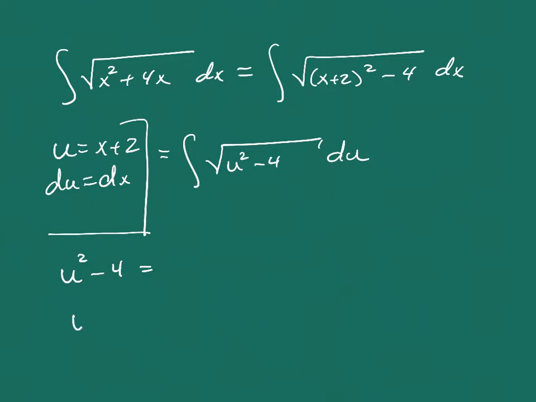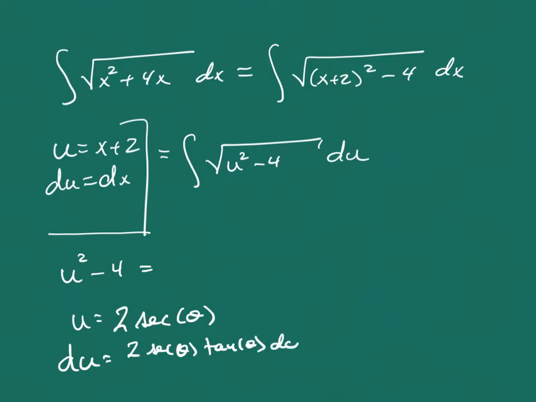And so in that case, I knew that u was going to be, for my u squared minus a squared, so for that particular constant, my u being 2 secant of theta, so that my du then becomes 2 secant of theta tangent of theta d theta.